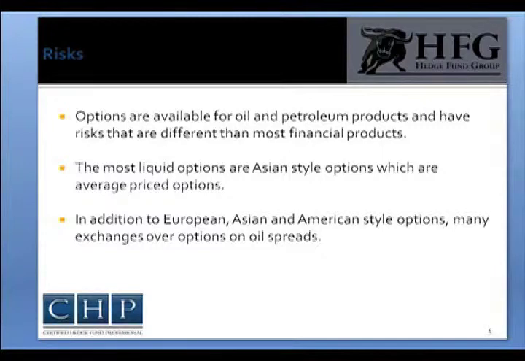In addition to European, Asian, and American style options, many exchanges offer options on oil spreads. This means that for an investor or commercial entity to trade an option on a calendar spread of oil prices, they would need to be able to formulate the concept of being able to buy a call or a put on a June contract relative to a December contract.